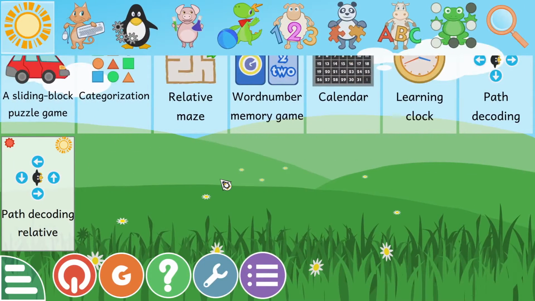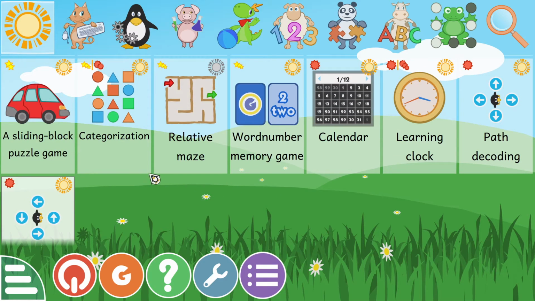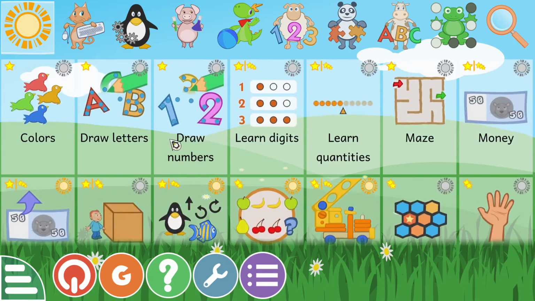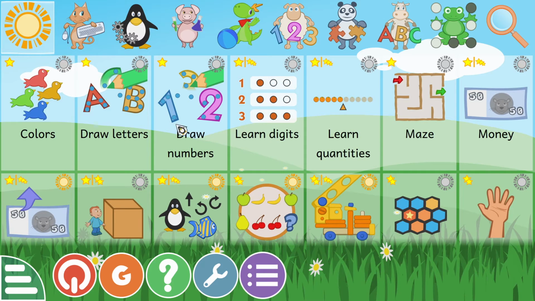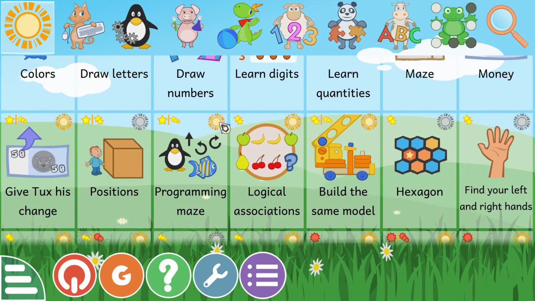So I won't carry on with that one, but the idea being you could give someone directions for moving left, right, and forward, or how to get from one place to another.